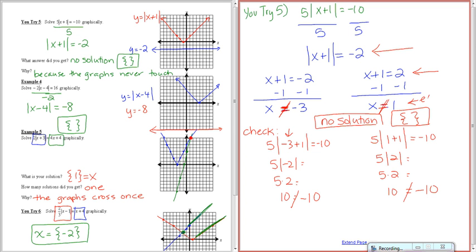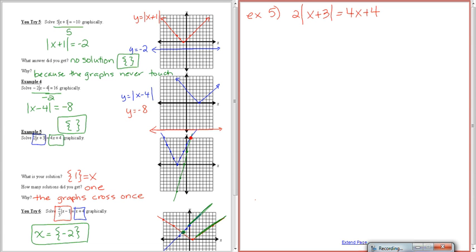These are called extraneous solutions. Extraneous solutions are solutions we get when we solve algebraically that don't really work out. Again, the easiest way to see this is by looking at the graph, which we did in the original notes, and the graphs never touched.